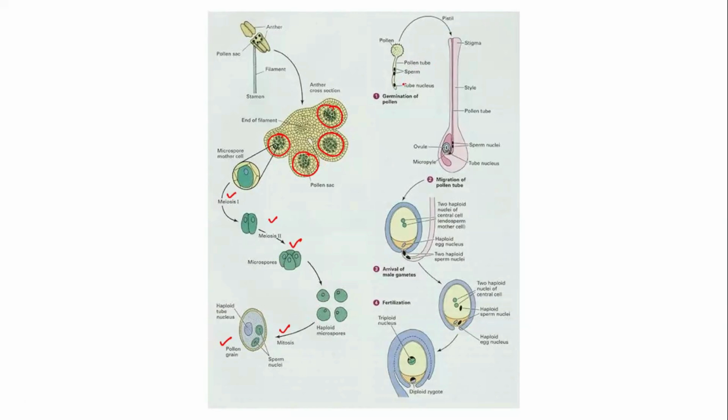Because of this meiosis, the cells divide and form two haploid nuclei of the central cell, that is the endosperm mother cell, and the haploid egg nucleus.